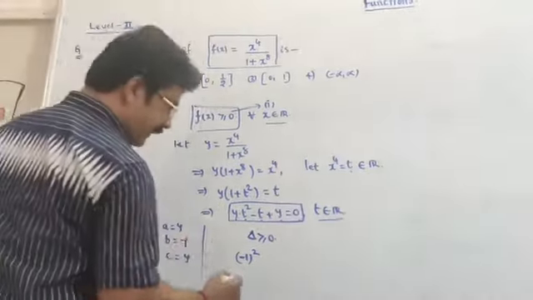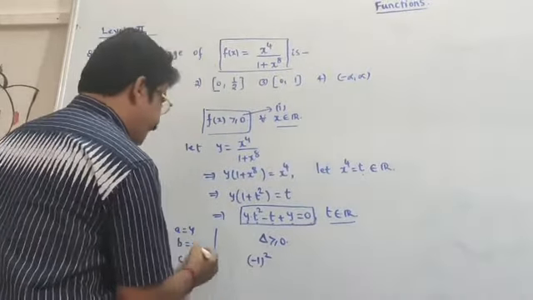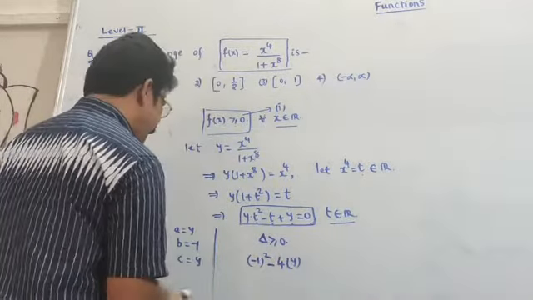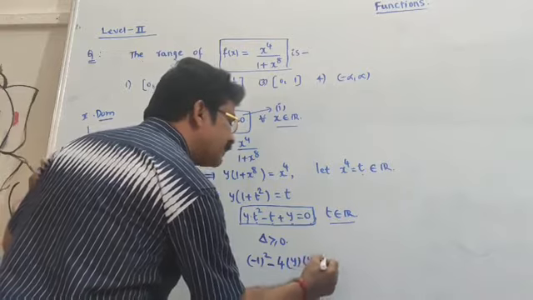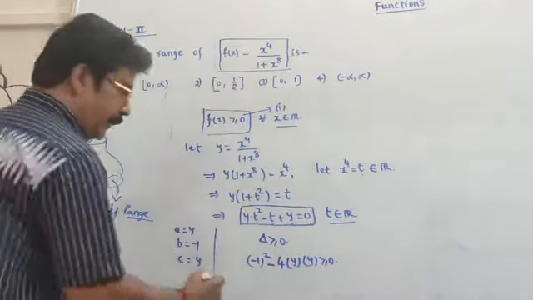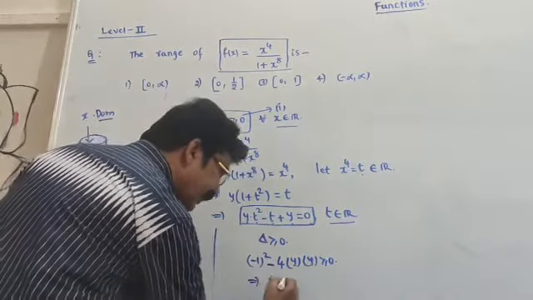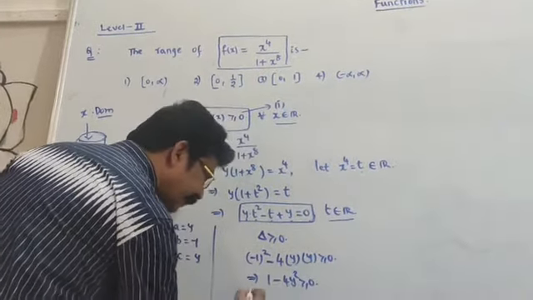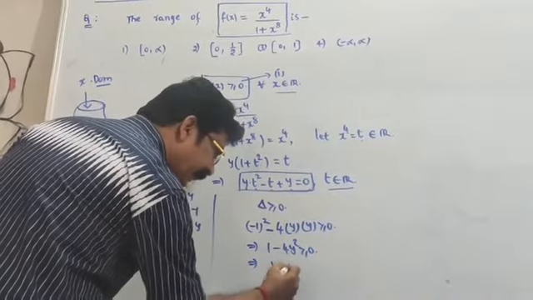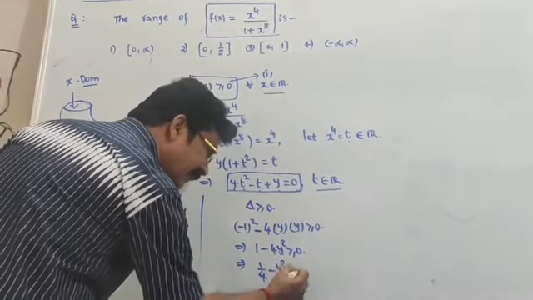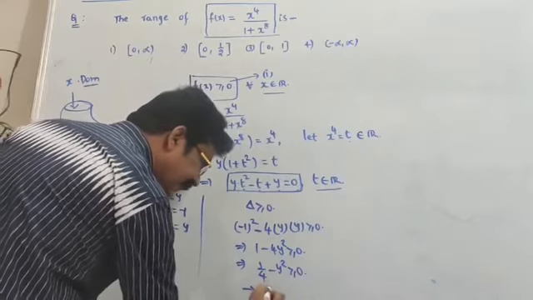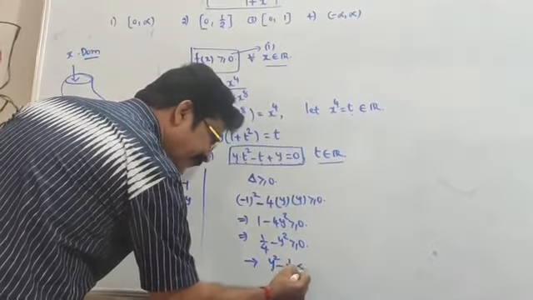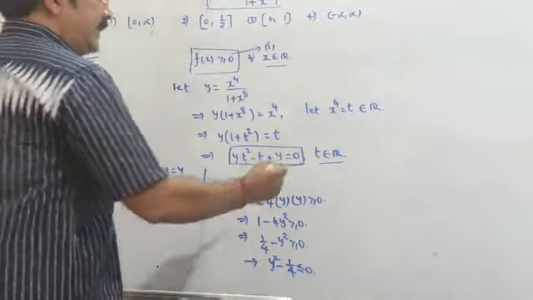So b square, minus 1 whole square, minus 4 a c, that is 4 y square, is greater than or equal to 0. So that implies 1 minus 4 y square greater than or equal to 0. That implies 1 by 4 minus y square greater than or equal to 0. That implies y square minus 1 by 4 is less than or equal to 0.